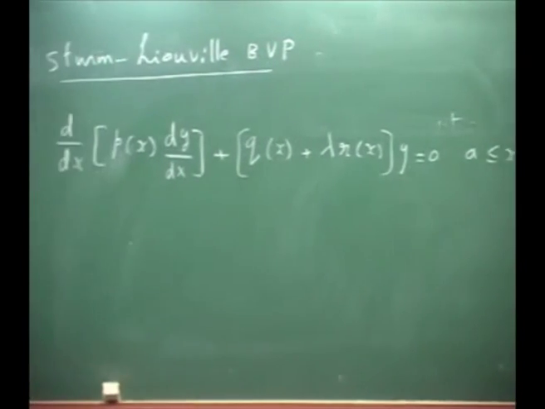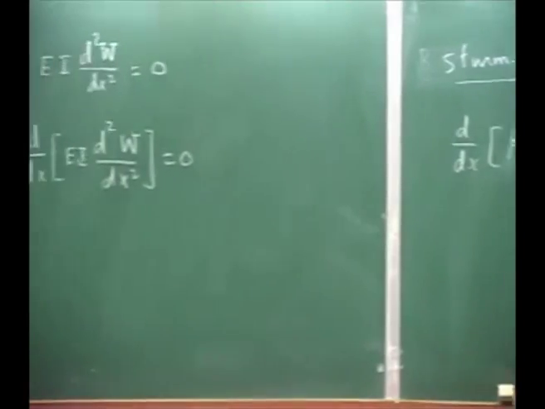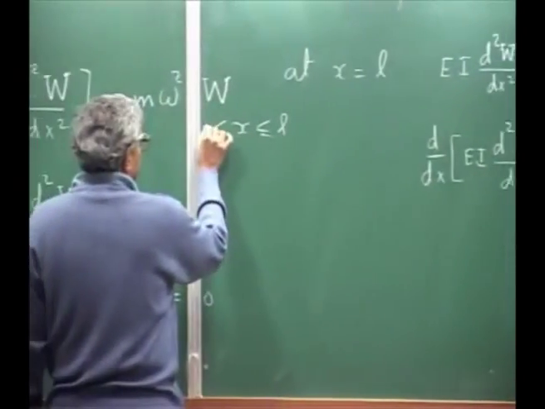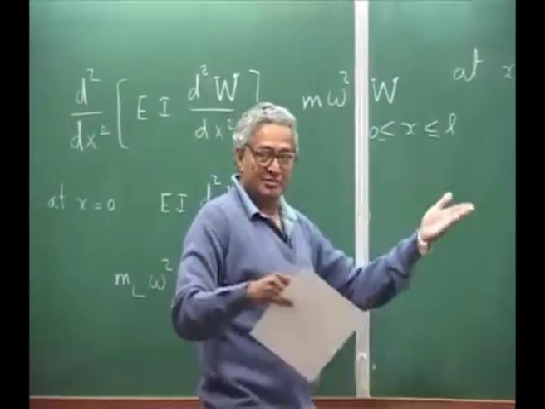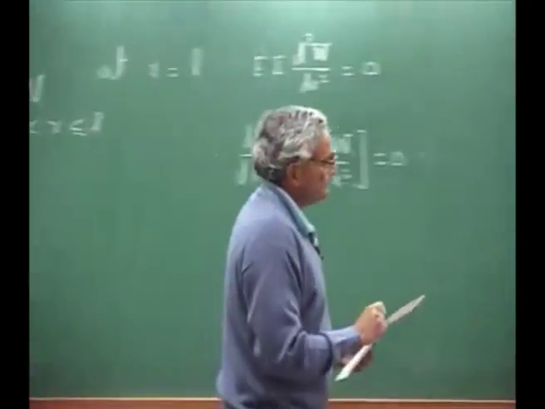This is valid in the domain x from a to b, because this is where it is valid, and at the ends you have the boundary conditions.